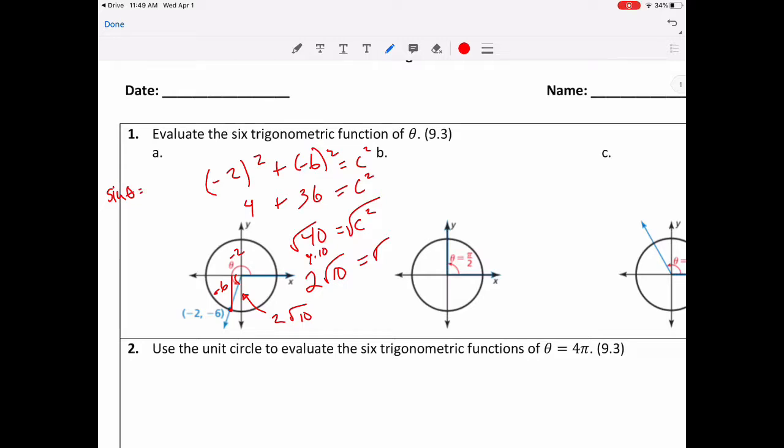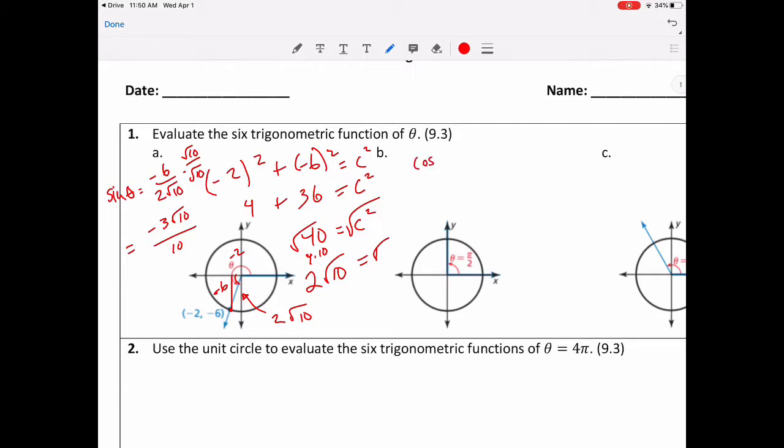Well, that's opposite, -6, over hypotenuse, 2 root 10. Then rationalize, root 10, top and bottom. So, and the -6 over the 2 is going to cancel. And that'll be -3 root 10 over the square root of 100 is 10. -3 root 10 over 10. So, okay, that's sine.